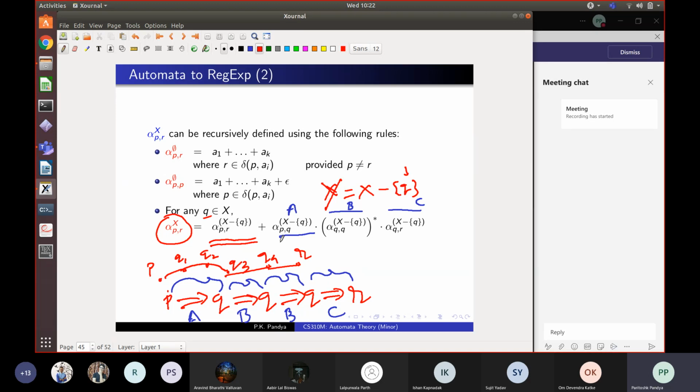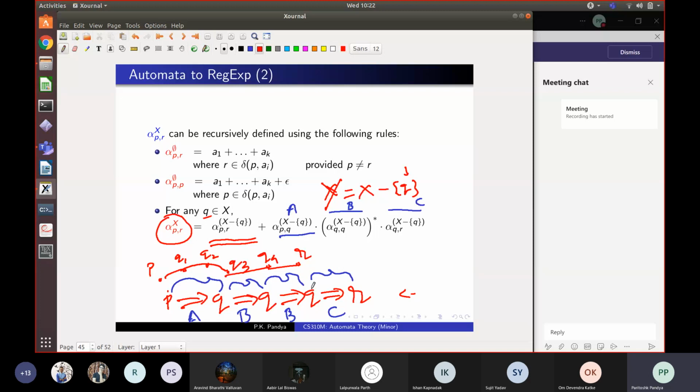The other kind of executions are of the form which is drawn in this line, which says from P you visit q for the first time. That is given by this first underlined blue called A. Then you visit q to q, without ever passing through q in between, and that is given by this B. And this B can be repeated any number of times because then you are visiting q several times, so that you do by giving a star.